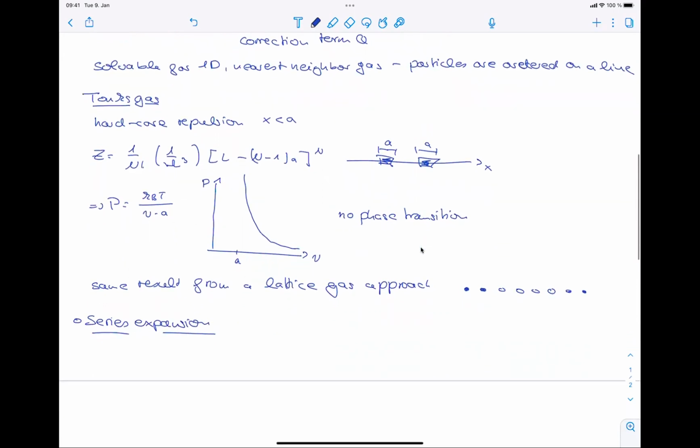So in series expansion, we considered two different expansions. One, the high temperature series expansion.